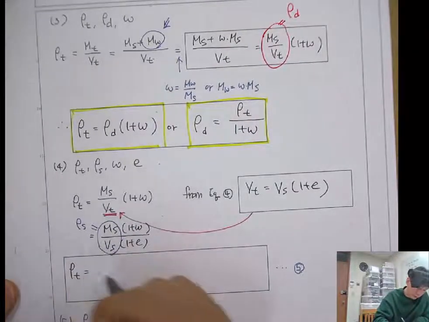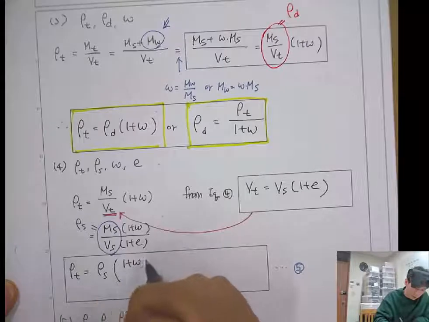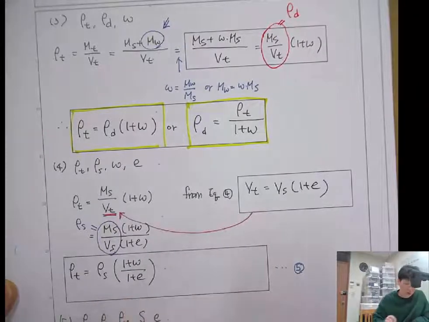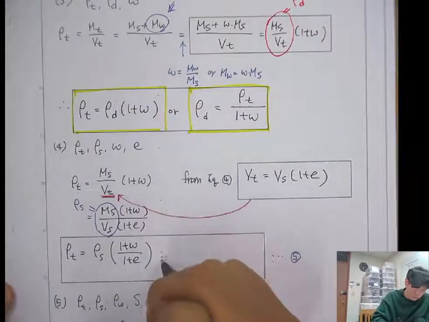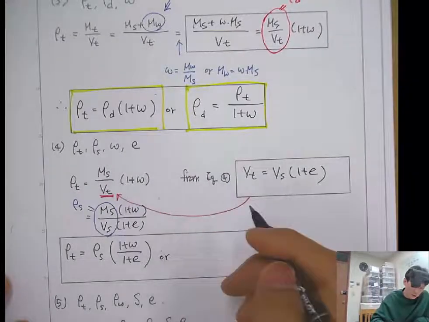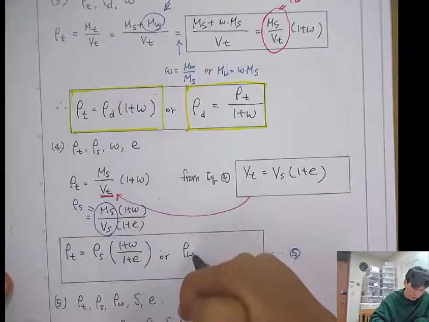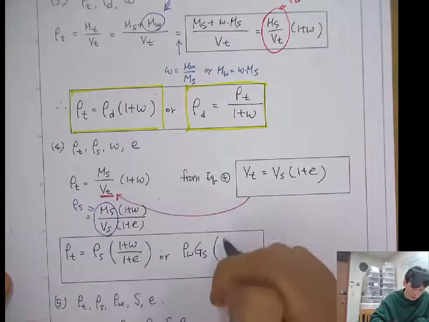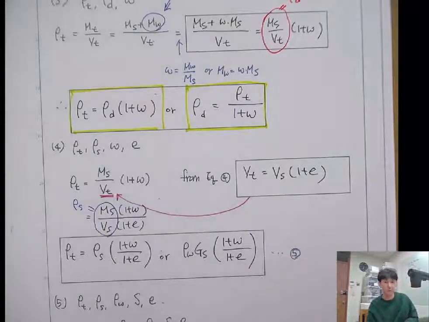So rho T is solid density times 1 plus w over 1 plus e. Or you can replace the solid density with the specific gravity. So rho w Gs times 1 plus w over 1 plus e, right?